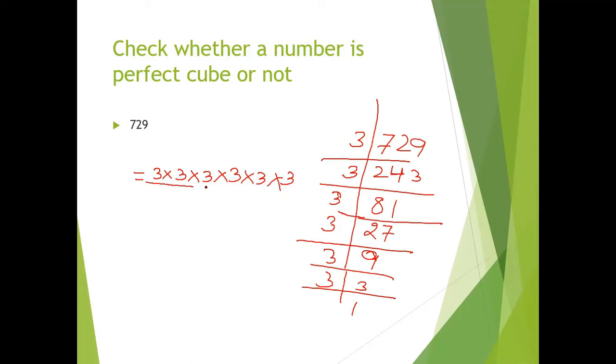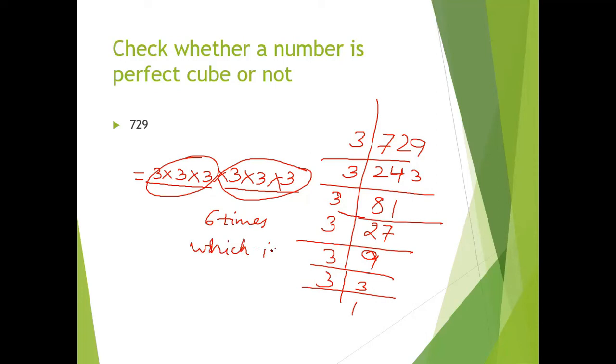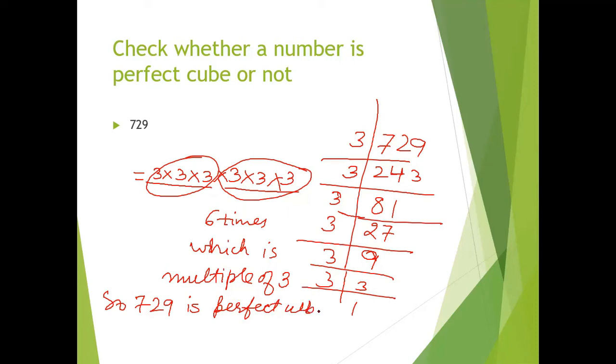Now each prime number appears in groups of 3 or a multiple of 3. Here 3 appears 6 times, which is a multiple of 3. So 729 is a perfect cube. Correct? Okay, moving to the next example, 243.